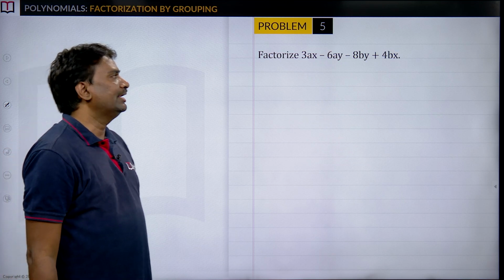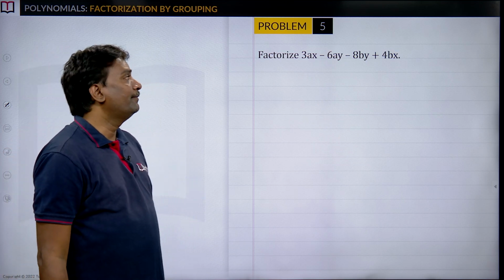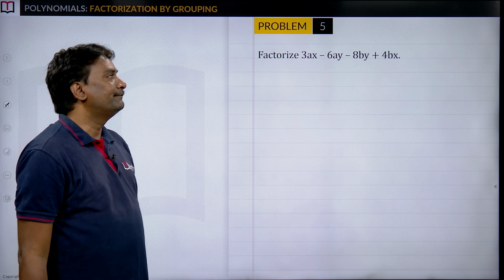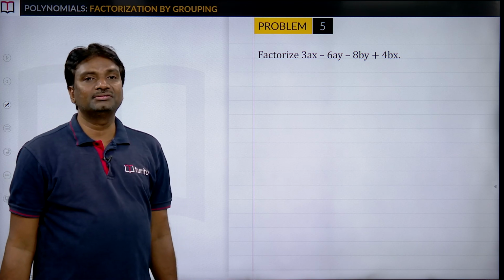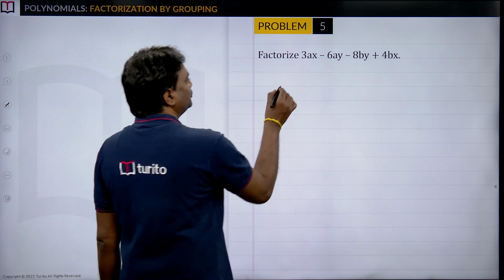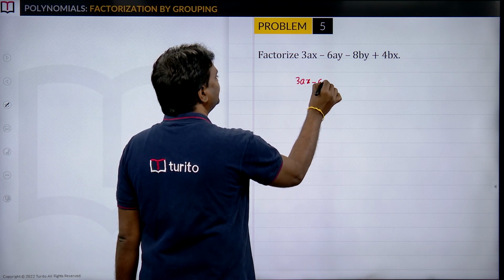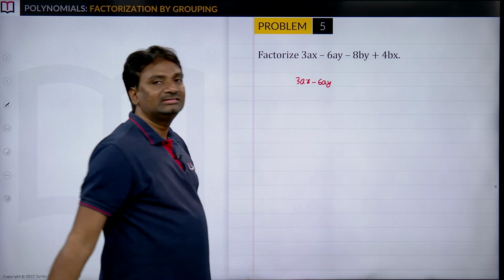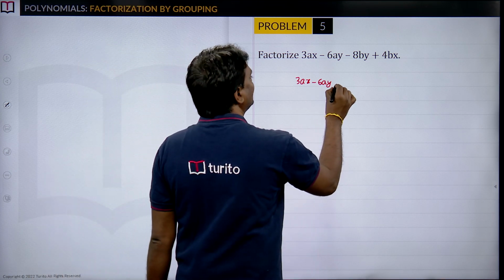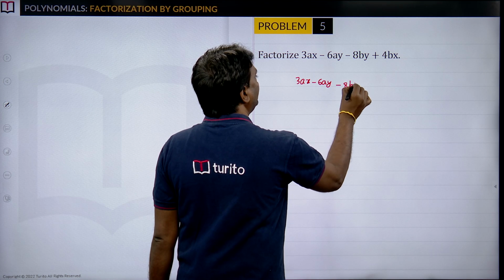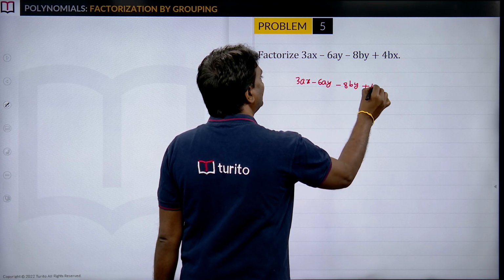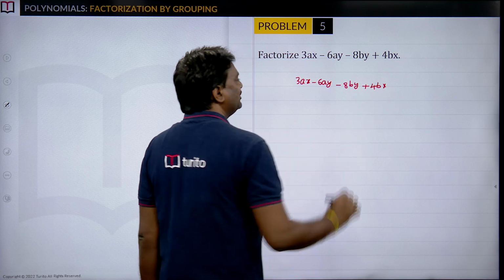Factorize 3ax minus 6ay minus 8by plus 4bx. So, the given polynomial is 3ax minus 6ay minus 8by plus 4bx.